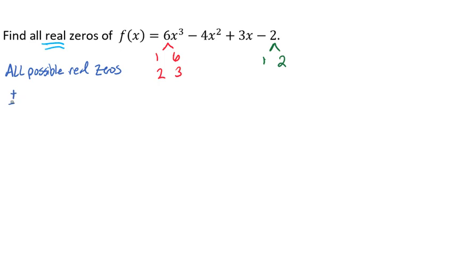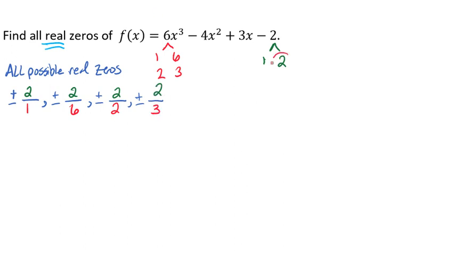So we're going to have plus or minus 2 over 1, plus or minus 2 over 6, plus or minus 2 over 2, and plus or minus 2 over 3.